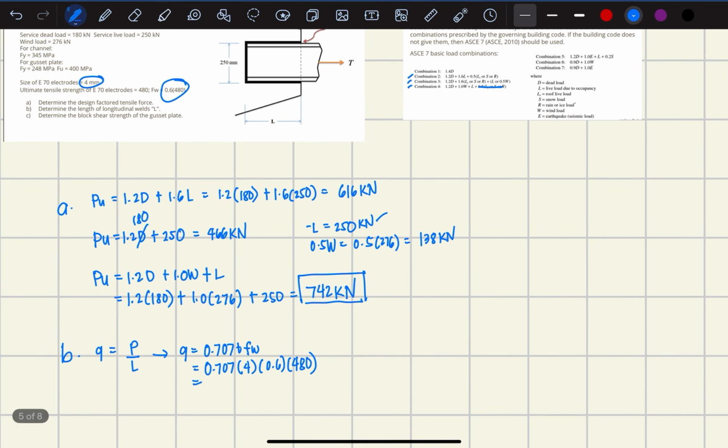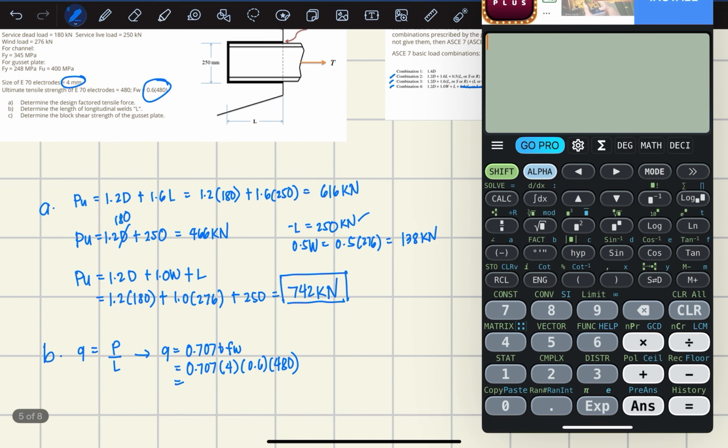So, yung q mo is 0.707 times 4 times 0.6 times 480.